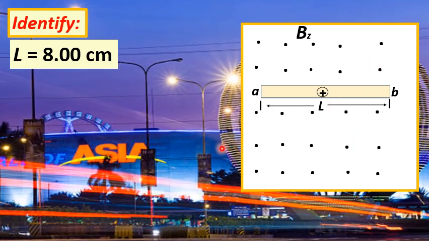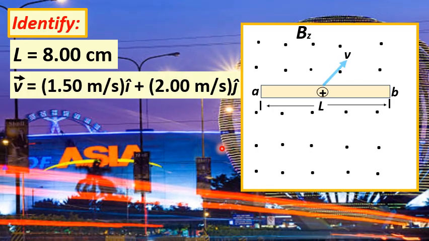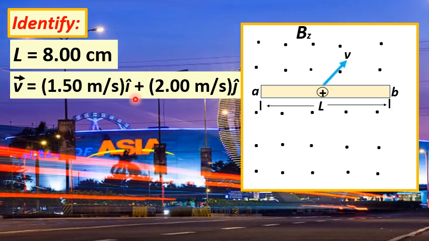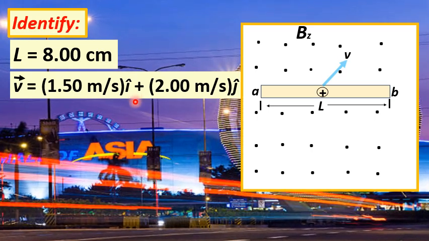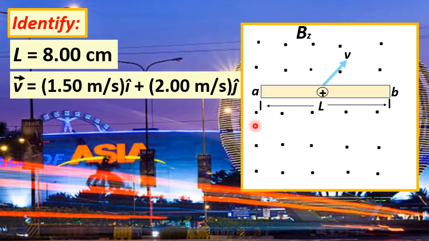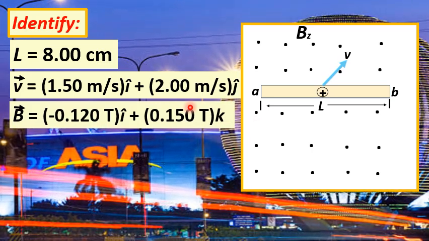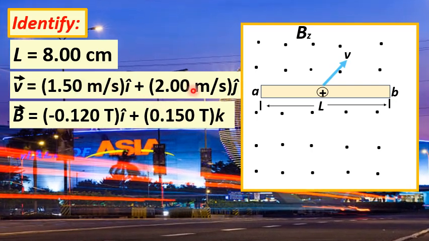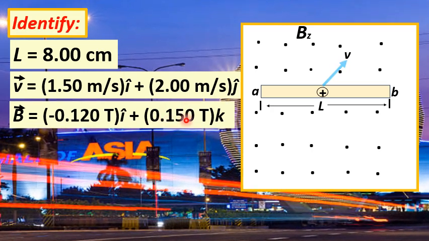The rod is moving with its velocity vector given by its x component, 1.50 meters per second, and the y component, 2.00 meters per second. The uniform magnetic field vector is also given by its x and z components. The x component is negative 0.120 Tesla, while the z component is 0.150 Tesla.